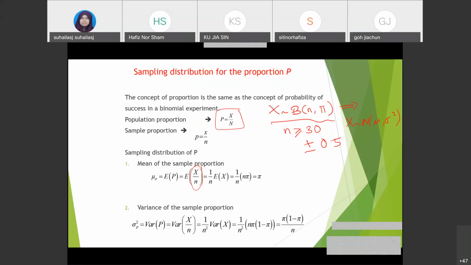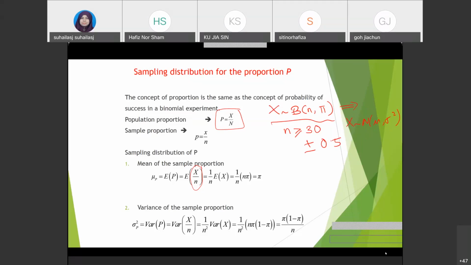We change from binomial distribution to normal distribution, but we have to add the continuity correction factor, plus or minus 0.5, which you have already learned before.